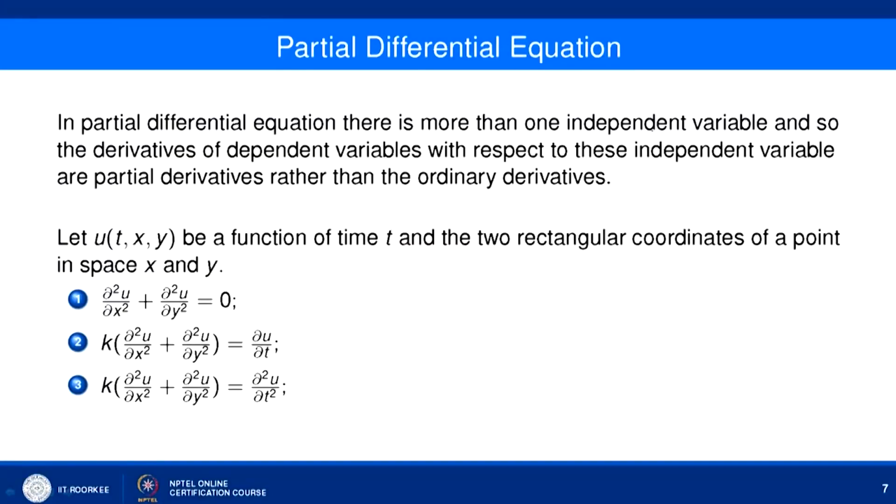But in a partial differential equation there is more than one independent variable, and so the derivatives of the dependent variable with respect to these independent variables are partial derivatives rather than ordinary derivatives. Since the number of independent variables is more, if we consider any function of these variables and take its derivatives, it comes out to be a partial derivative.